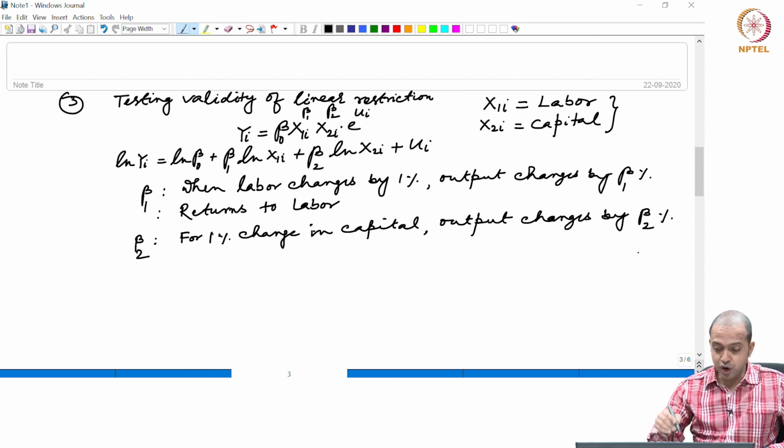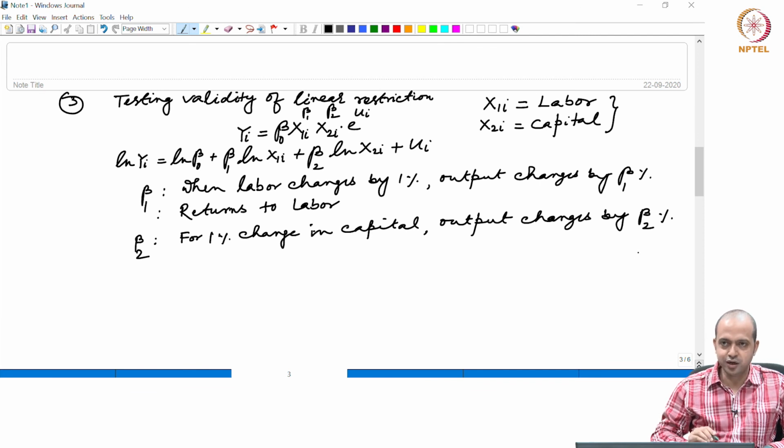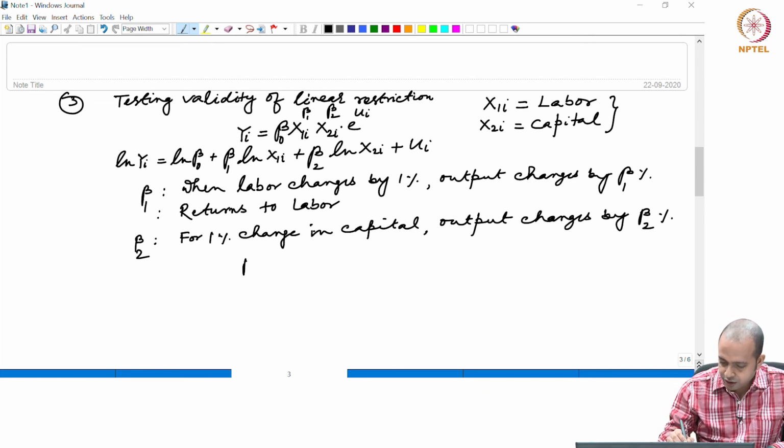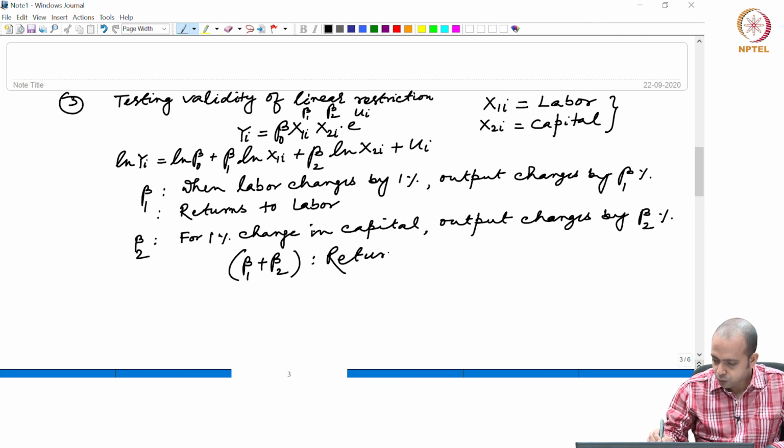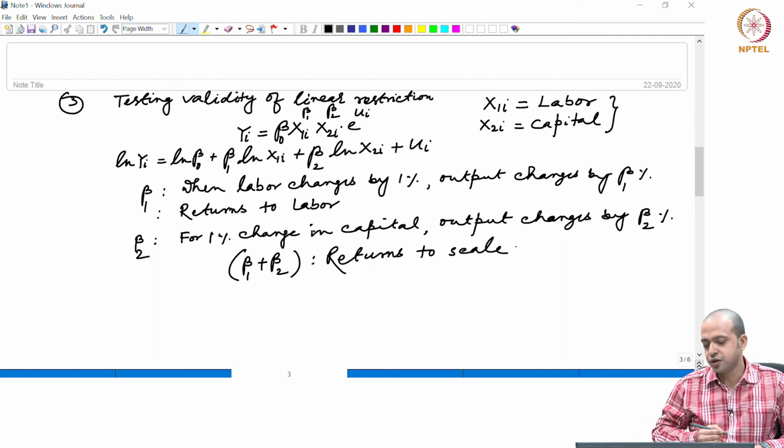When you keep the other factor constant, that is returns to factor, and when both factors change by 1%, then the relevant concept is returns to scale. So beta 1 plus beta 2 basically indicates returns to scale.